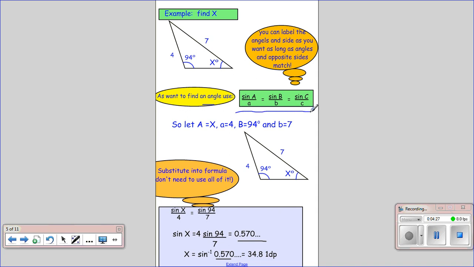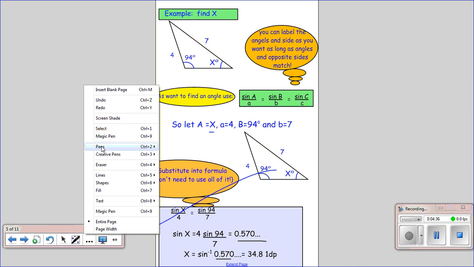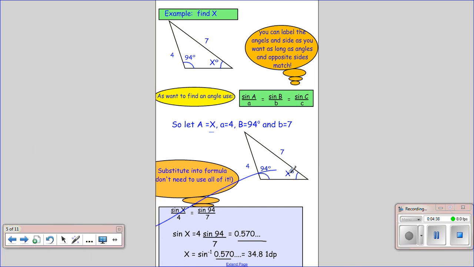I'm going to label it any which way I want, and because I'm looking at getting this big X, I'm going to use that as my A. So this is A equals X, and therefore the opposite side must be my little a. And then for simplicity again, I'm just going to make this B equals 94, and therefore little b equals 7.